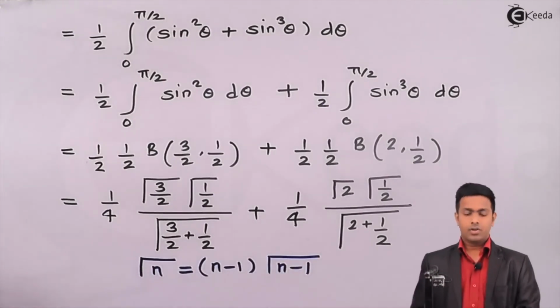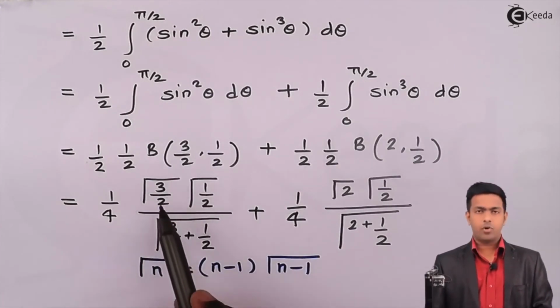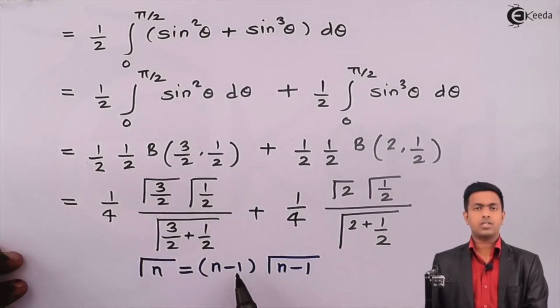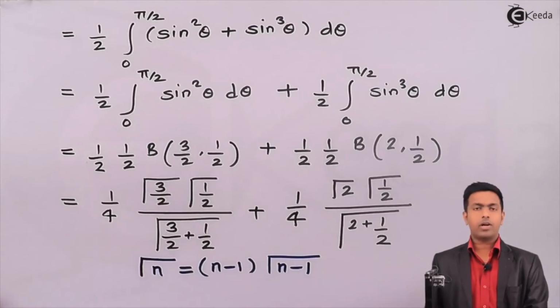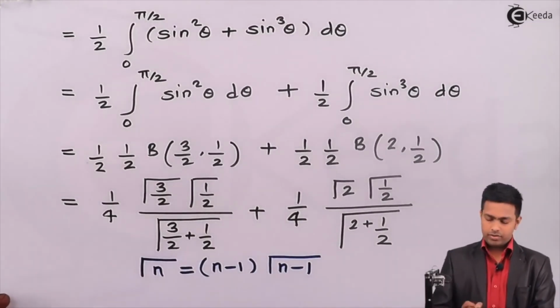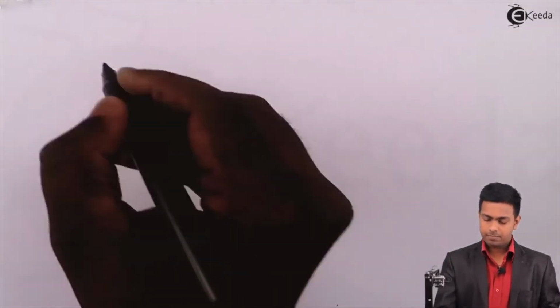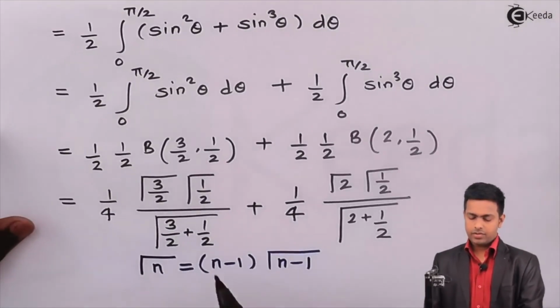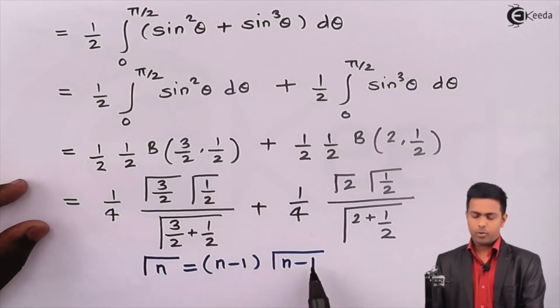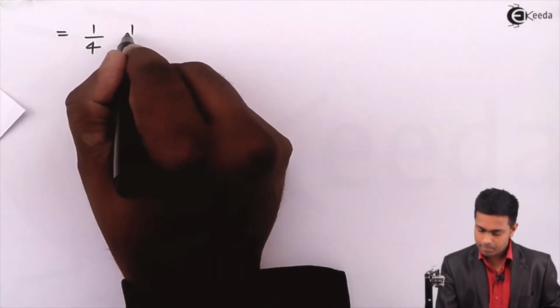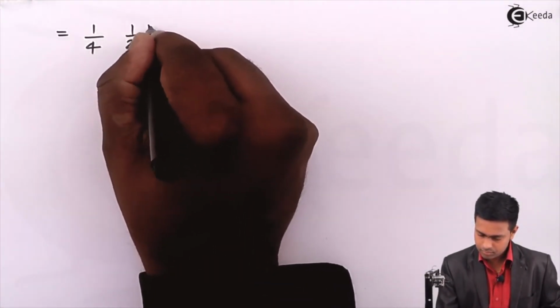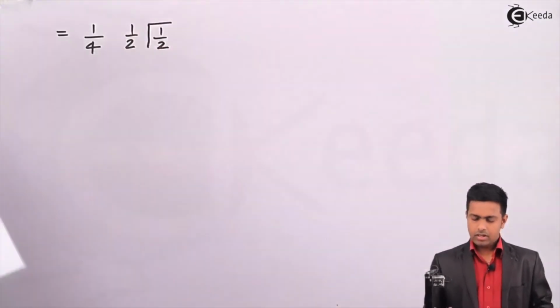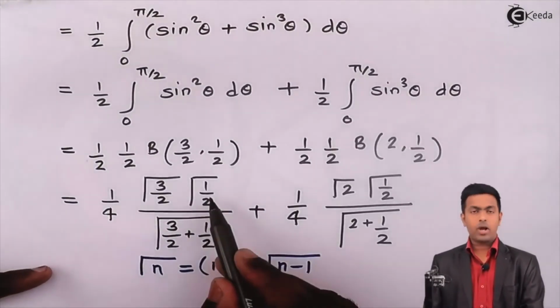So guys, here the value of n is 3 upon 2, so that will become 3 upon 2 minus 1, that is 1 upon 2 gamma 1 upon 2. So this term will become 1 by 4, next, this gamma 3 upon 2 will be 1 upon 2 gamma 1 upon 2. Then this gamma 1 upon 2 as it is.